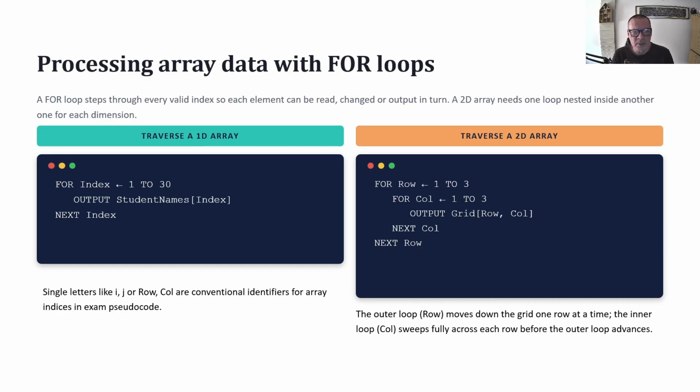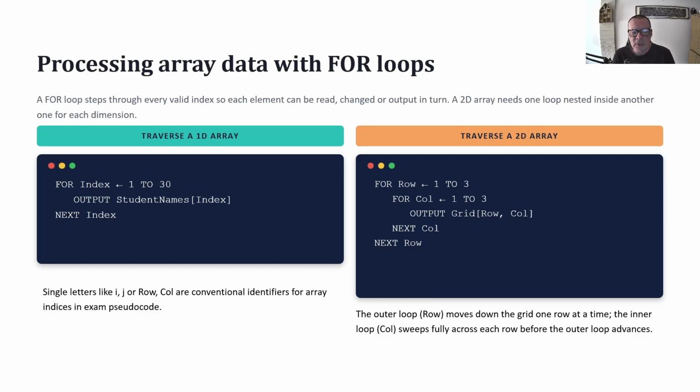We know how many items are in there, so we use a for loop, and we just say something like for index 1 to 30, and then go through each one. So it's very easy using that index to look at every single item or any particular item that you want. And then if you want everything in a 2D array, you can go in any order you want, but it's typical to go row by row, and then within each row you go by column.